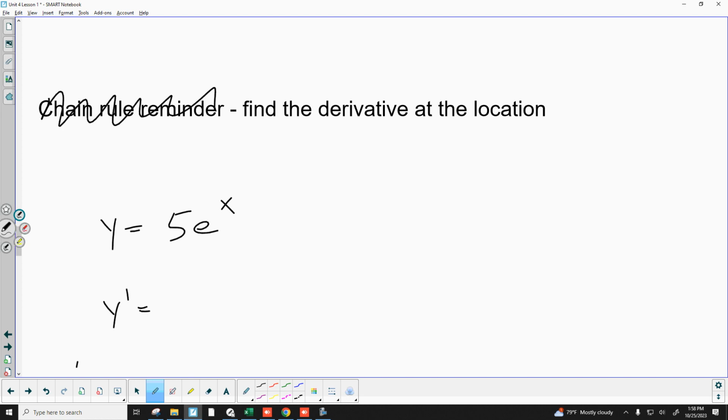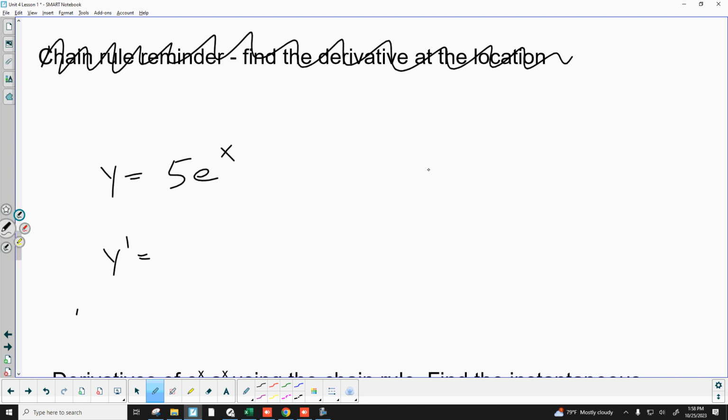No, the 5 is outside. Here's the easiest way I can help remind you guys of this. What is 5 sine x's derivative? 5 cosine. So you left the 5 and you took the derivative of the sine. Because it's not x times x, you didn't use the product rule.